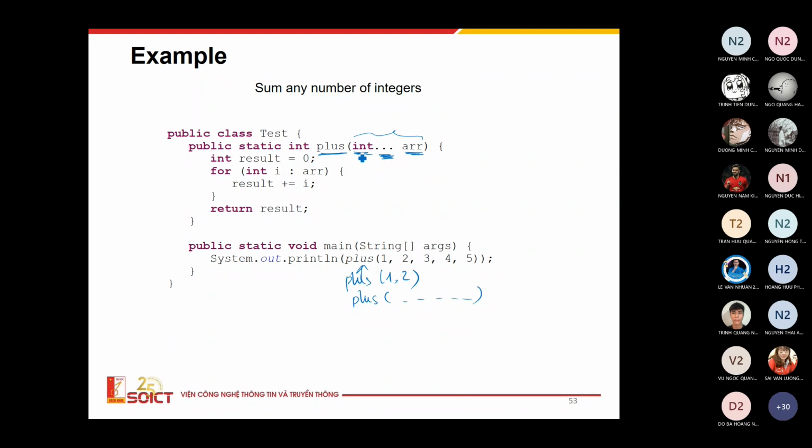All the input parameters passed as an arbitrary parameter will look like an array. Inside the method, you can treat it like an array. This is another syntax of the for loop, where you can use a variable to access each element in this array. Then you can sum any number of integers.